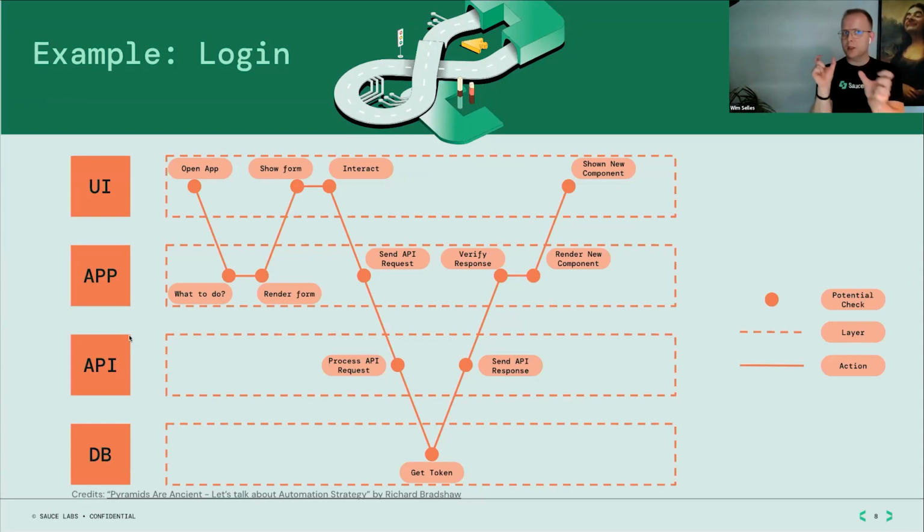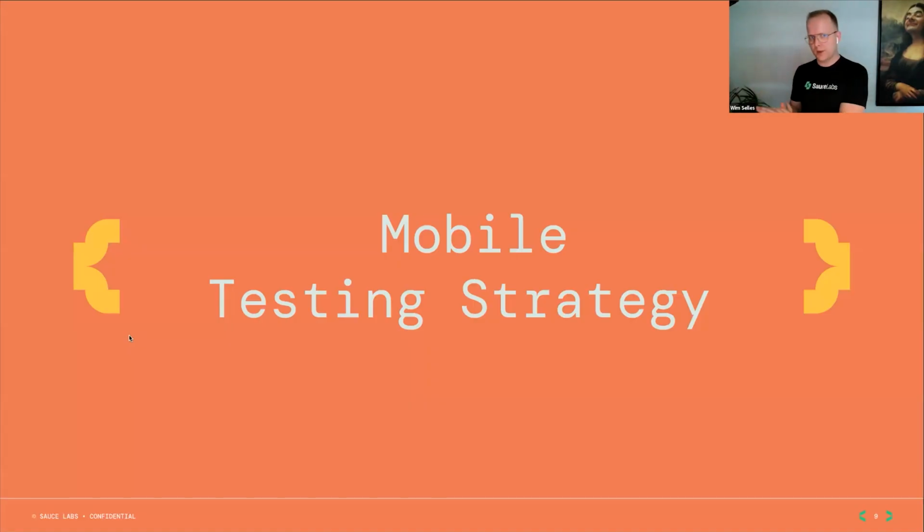So now that we're already talking about the UI, let's dive a little bit more into the mobile part itself. Because when we're talking about mobile phones, we're talking about something that's in the hand of your end users. So let's talk a little bit more about a mobile testing strategy. And why do we want to look into a mobile testing strategy specifically? Well, it has to do with the fact that testing for mobile devices is pretty complex.